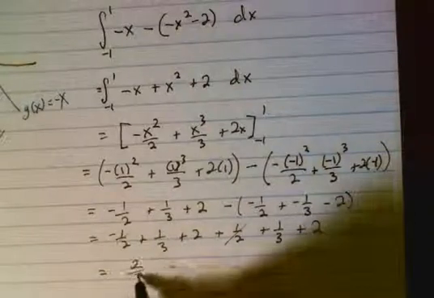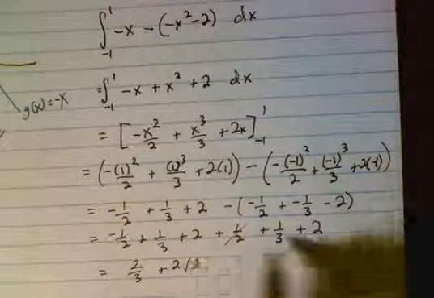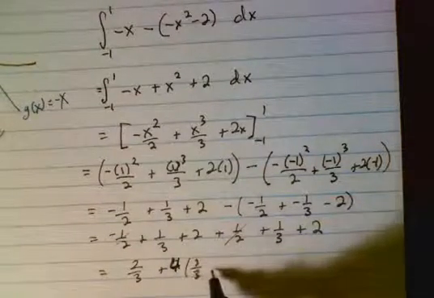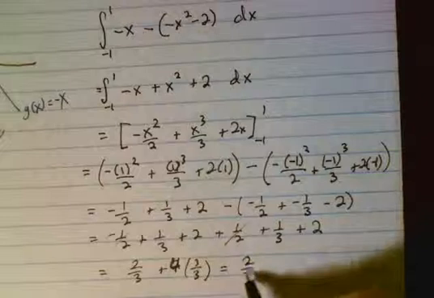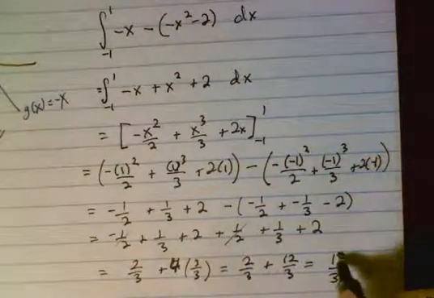So we have 2/3 plus 2, which is plus 4 times 3/3, so that's 2/3 plus 12/3, or 14/3.